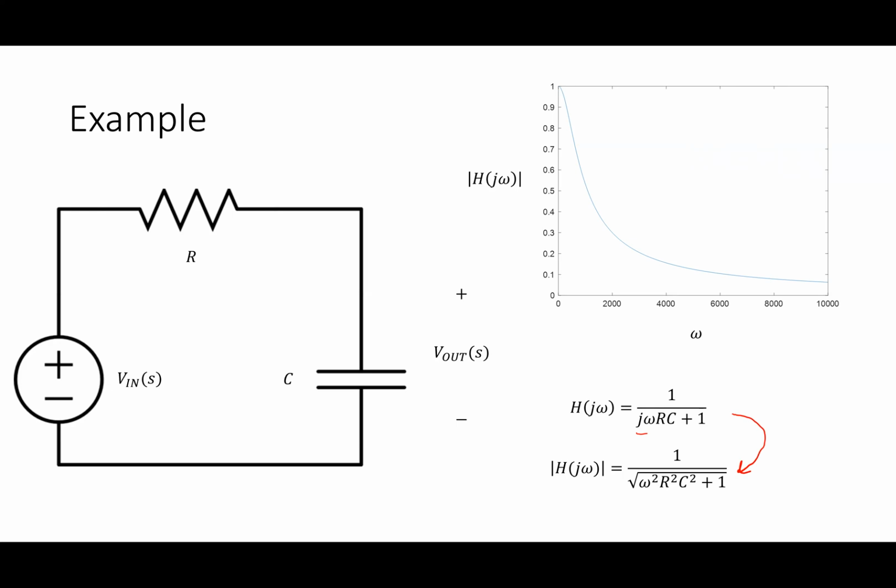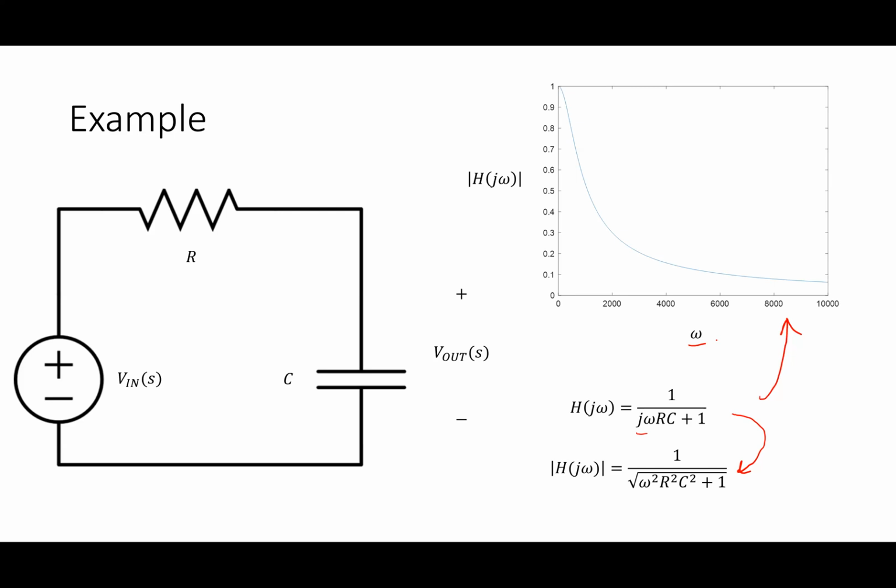I just calculated the magnitude. I have an imaginary part and a real part on the bottom, and I basically took the magnitude of that whole thing. On the x-axis, my independent variable is omega, and I plotted the magnitude on the y-axis.